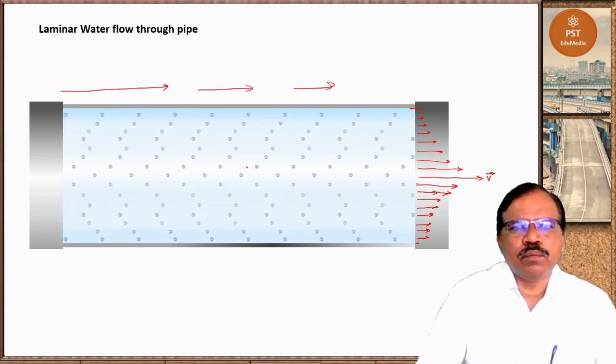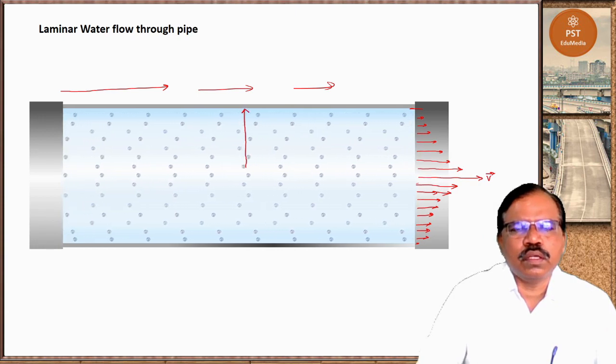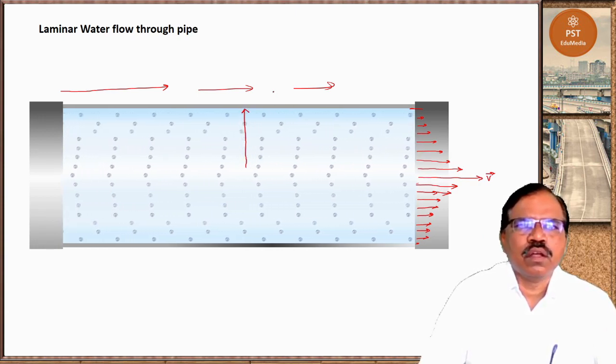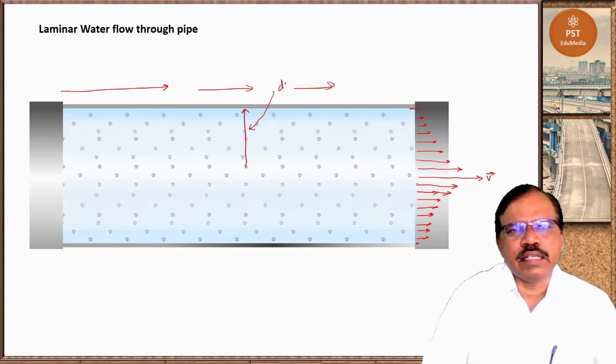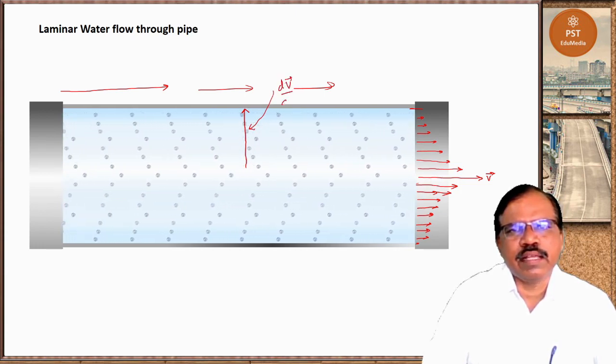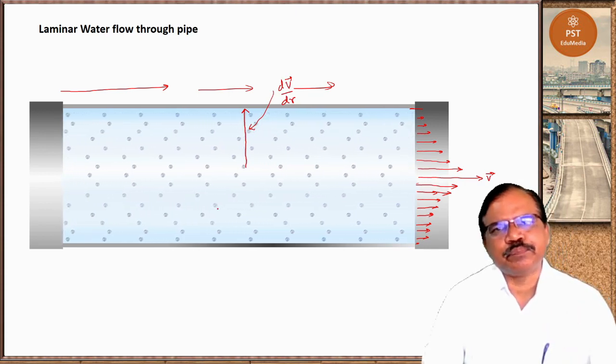So as we go from center to inner wall, a velocity gradient is set up, dv by dr. Velocity gradient is set up.